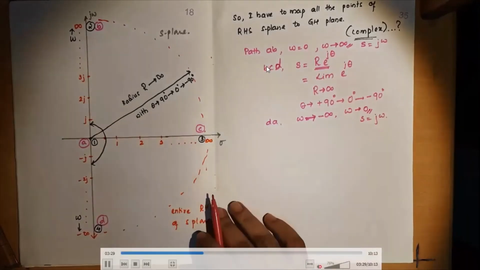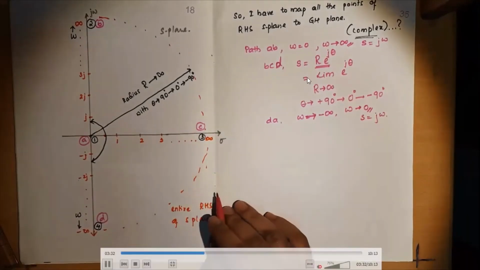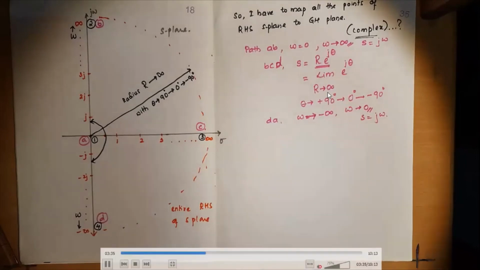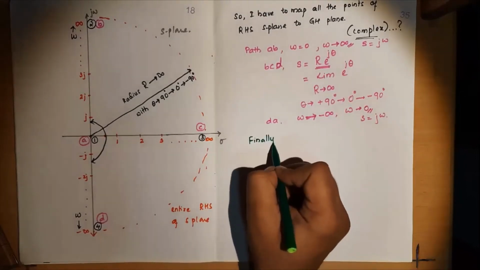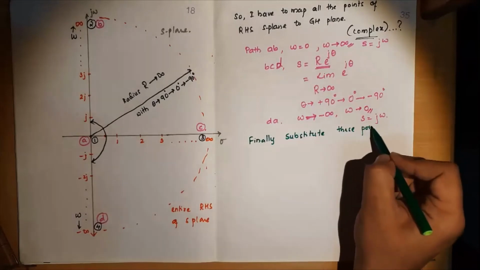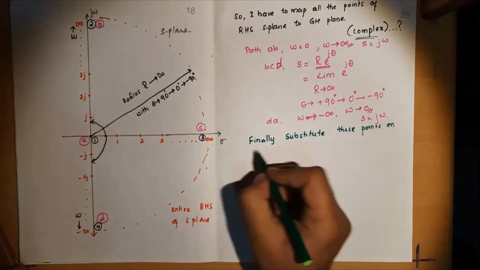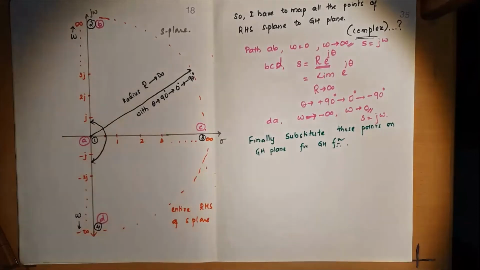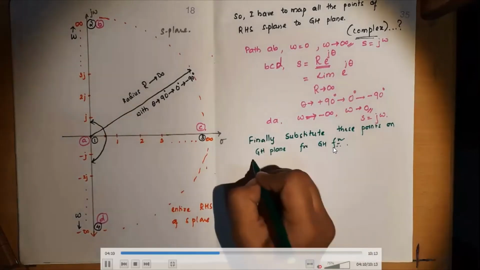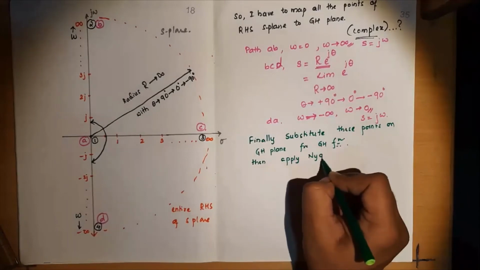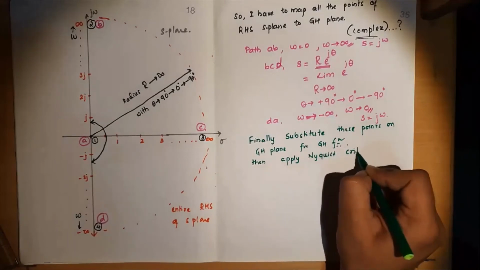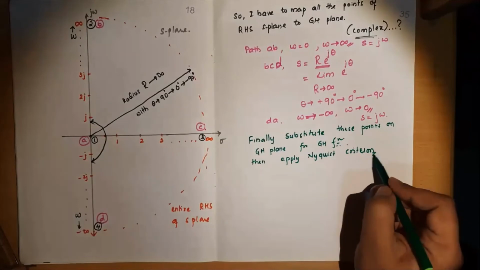And for the path BCD, you should substitute S equal to limit as r tends to infinity, r into e raised to j theta. Finally, we should substitute these points on the GH plane for the GH function, then apply the Nyquist theorem or Nyquist criteria.